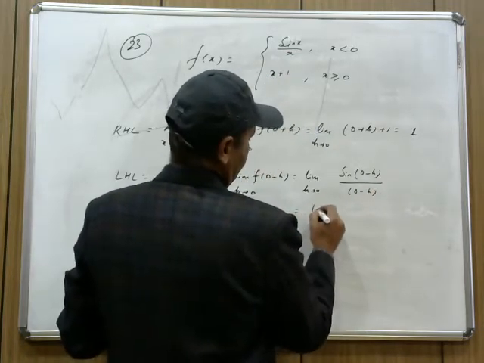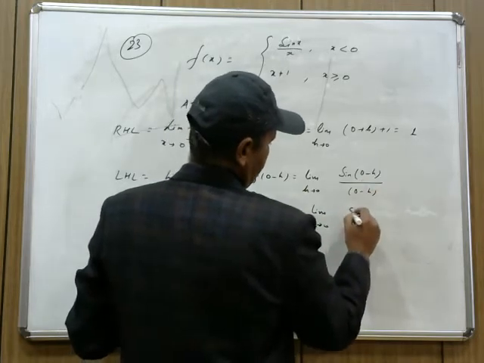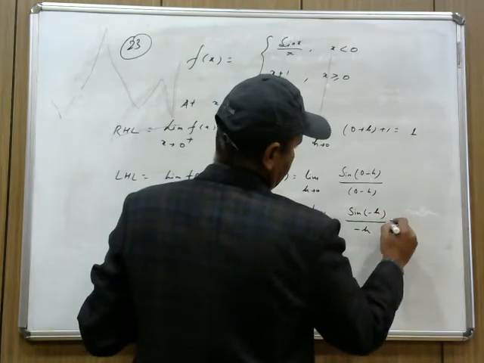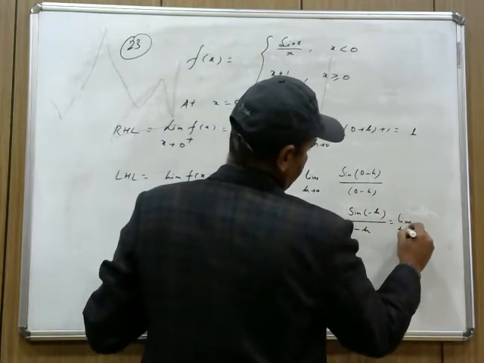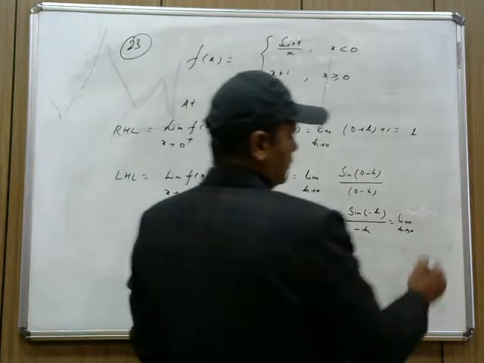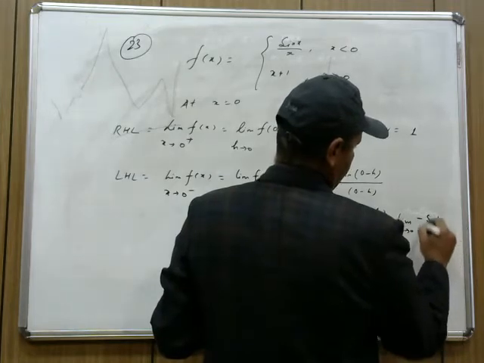That will give you limit as h tends to 0 of sin of minus h upon minus h, which is sin minus theta equals minus sin theta, so minus sin h upon minus h, minus minus cancel.